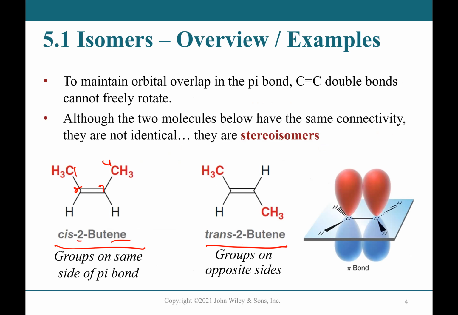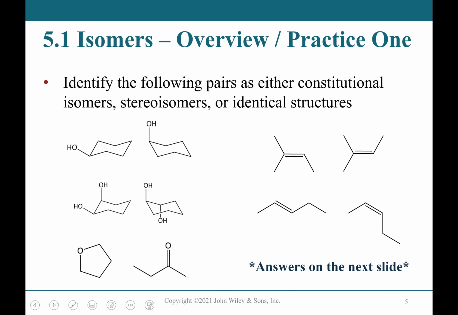And at the 2 position, you have a double bond, but this is trans to each other. So I'll let you go ahead and decide what you think they are.